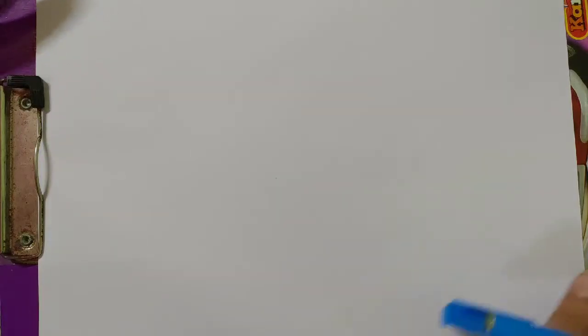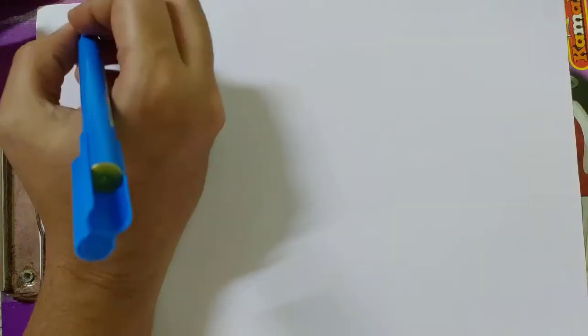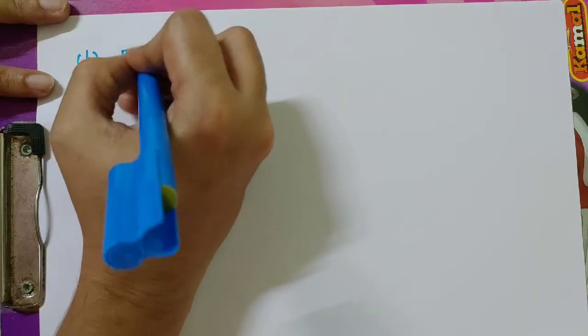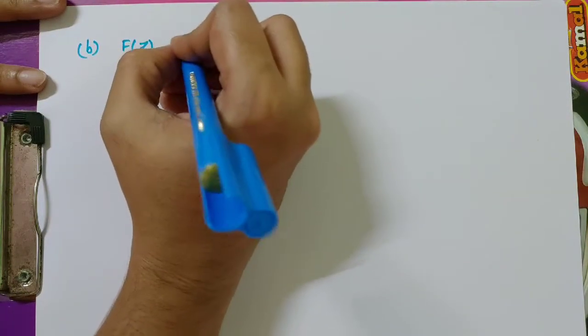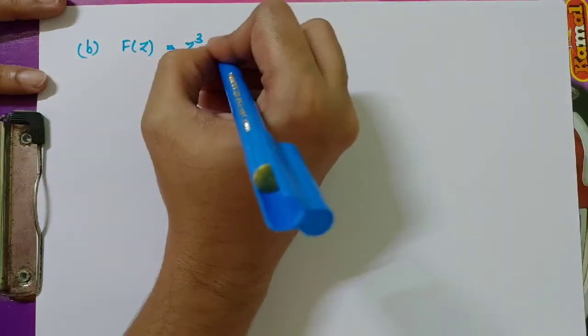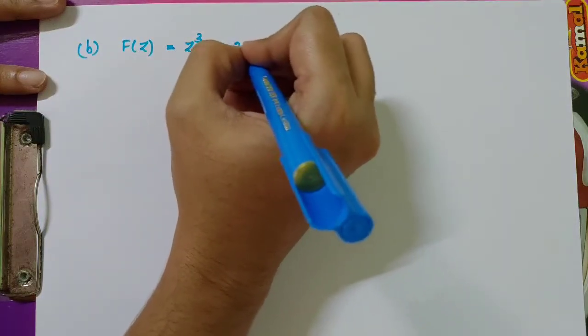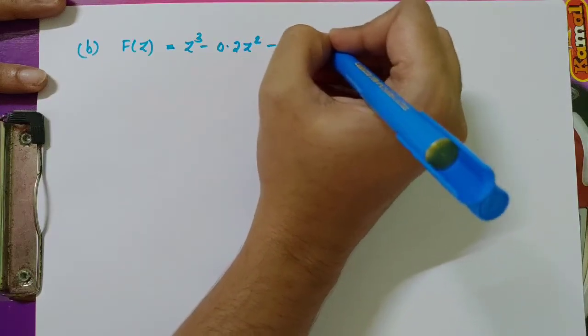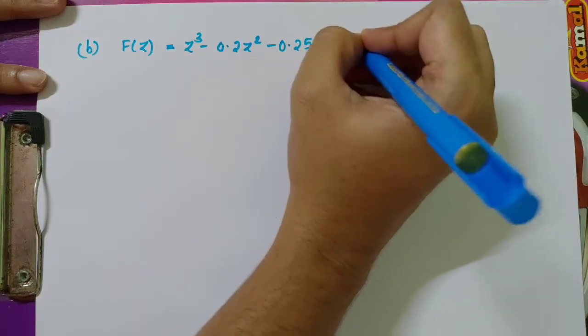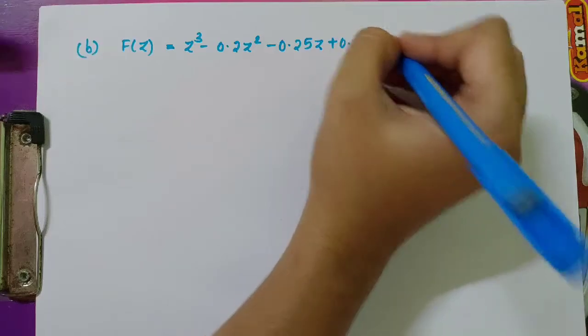Second question. F of Z is equal to Z cube minus 0.2 Z square minus 0.25 Z plus 0.05 is equal to 0.